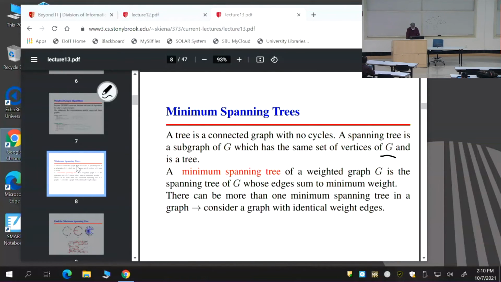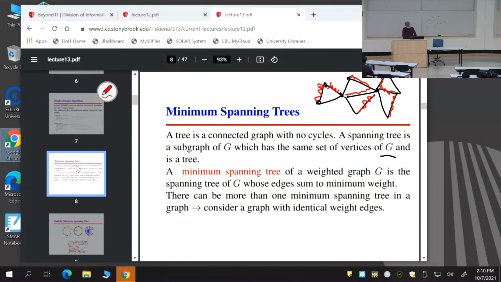Okay? So we could imagine a world where here we have, let's call this, an unweighted graph. A spanning tree is going to be a subset of edges that form a tree. That's good. I like that one. I like this one. I like this one. That's nice.